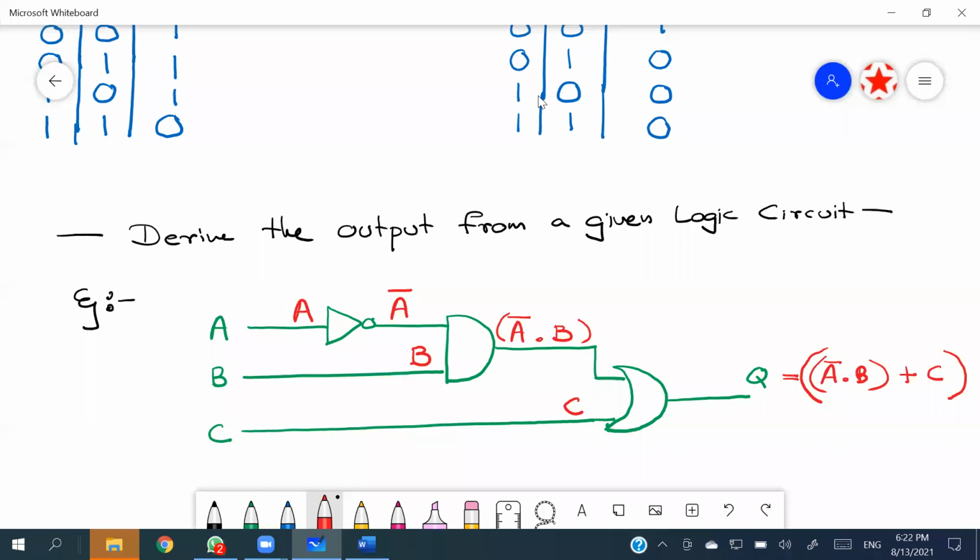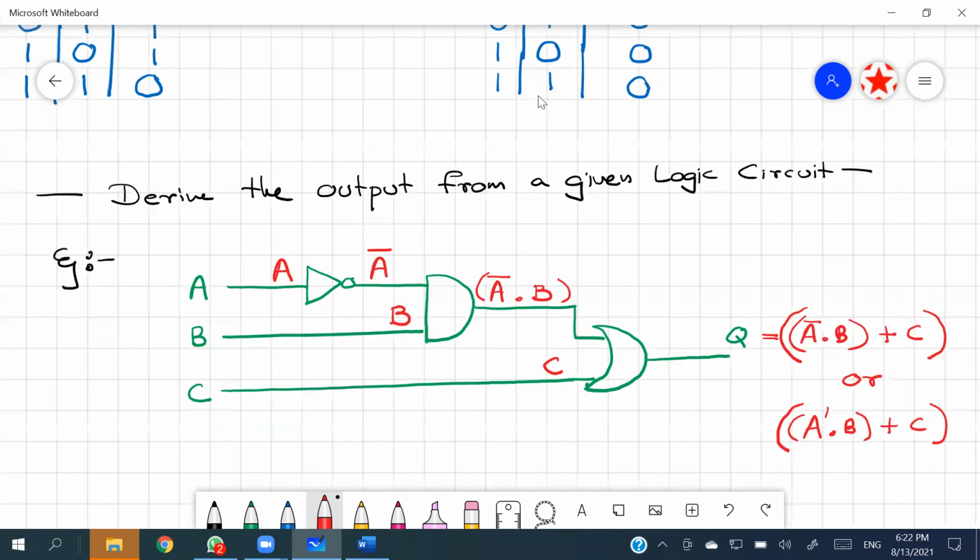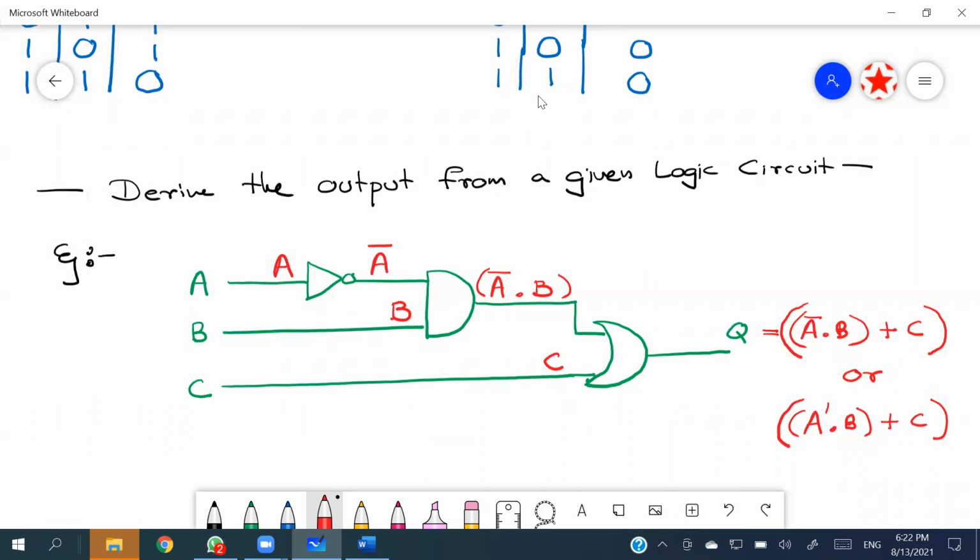And in case you use the dash instead of bar, it's going to be A dash dot B plus C, which is going to be the output. Is this clear, people? Yes, everyone? Is it clear? Right, great.